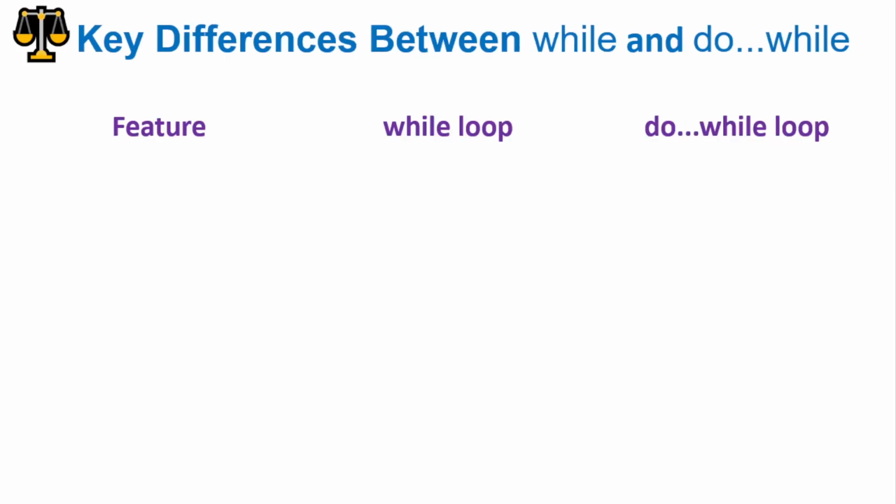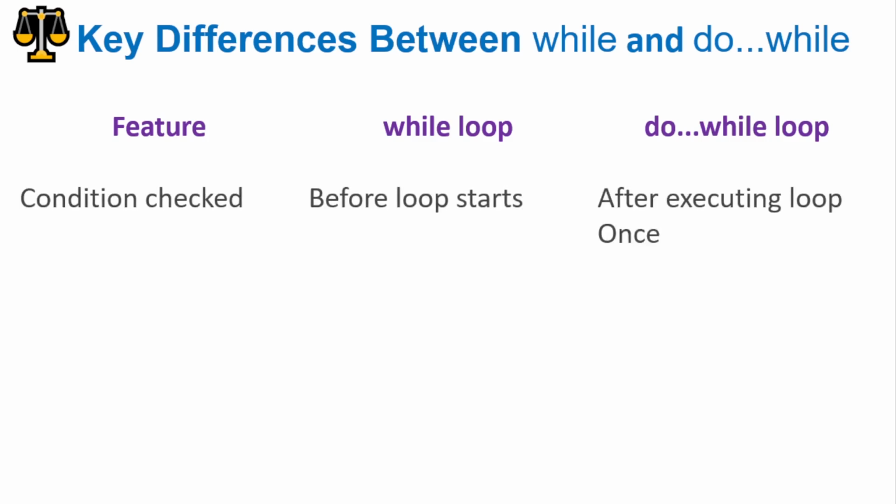Number four, key differences between while and do while. In the C programming language, the main difference between a while loop and a do while loop lies in when the condition is checked.